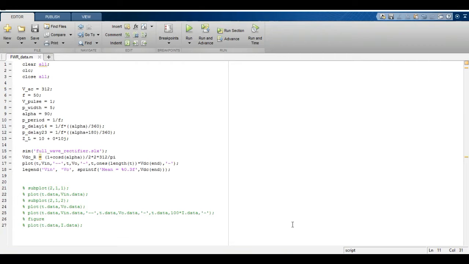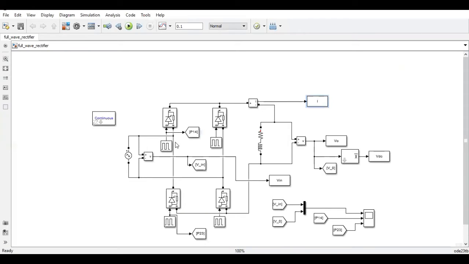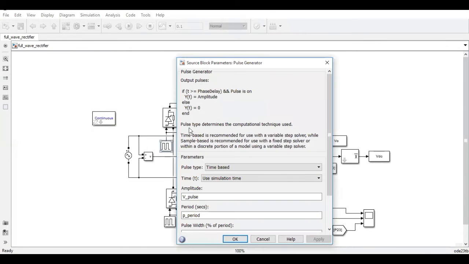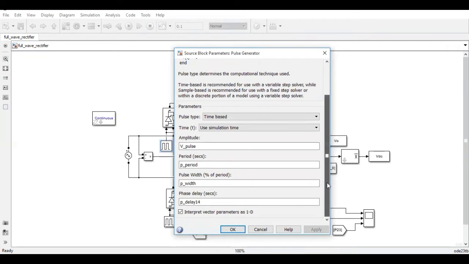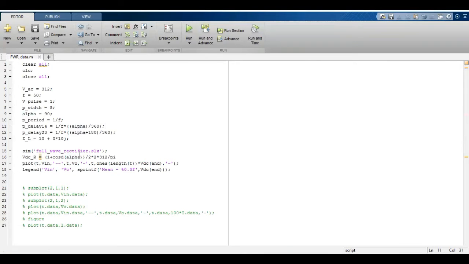Okay, so one important thing over here is that if I double click on this pulse generator, you can see I have to specify the phase delay, and this phase delay is in seconds. This phase delay is not given in degrees. So in this code, first I am specifying the phase delay, which is the firing angle, as 90 degrees, but then I have to convert these degrees to seconds.